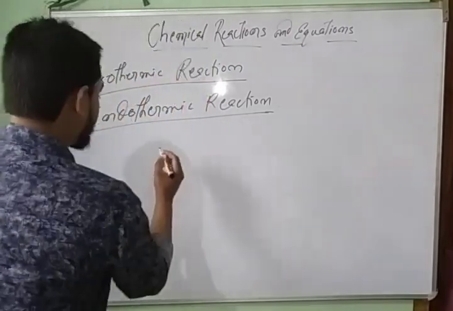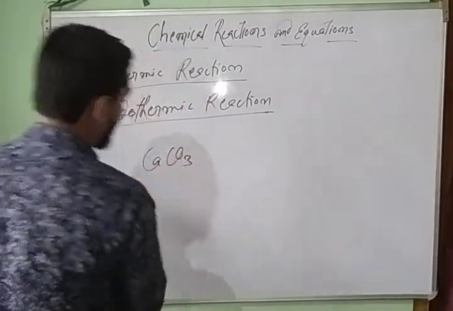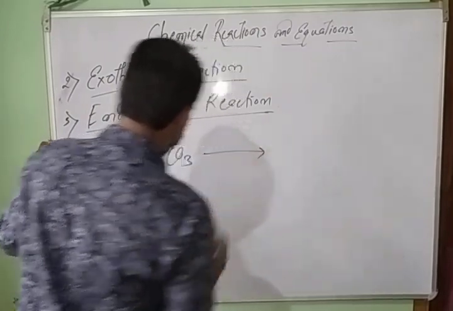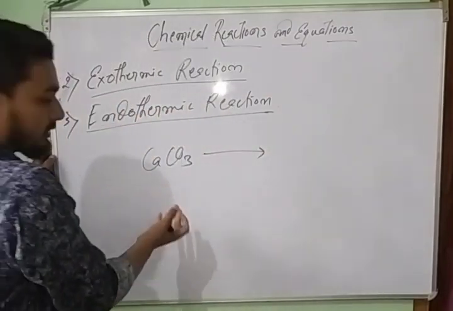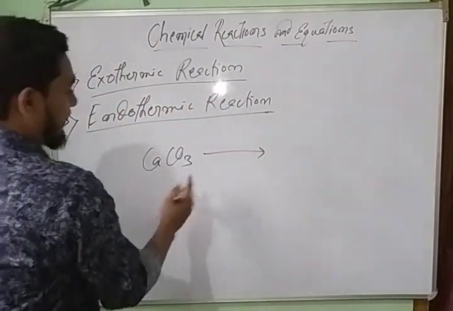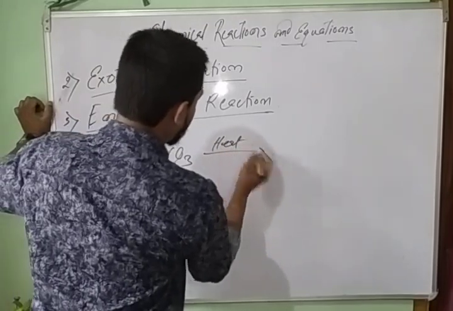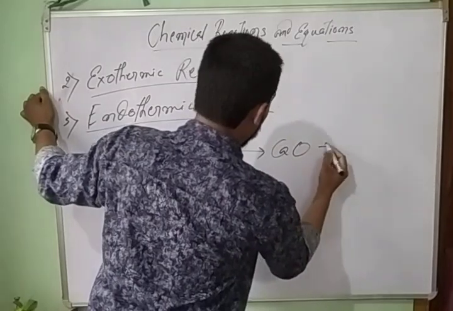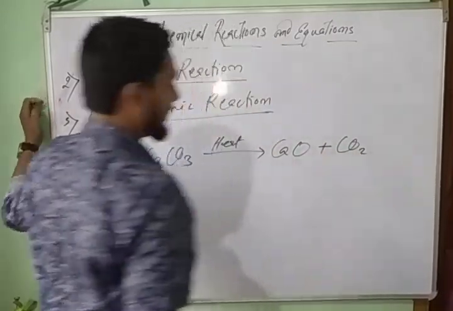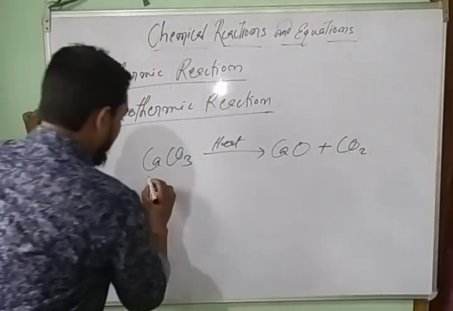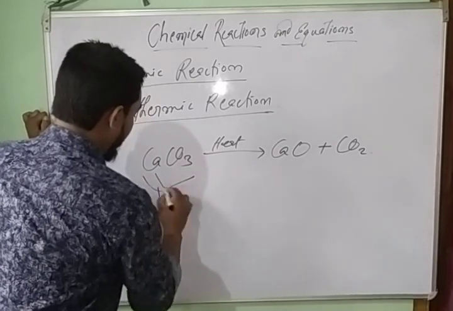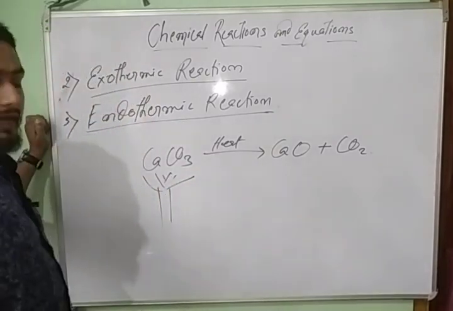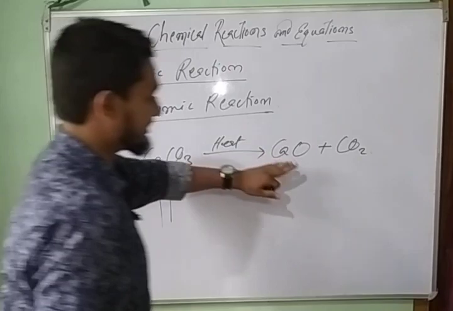For example, CaCO3, calcium carbonate. If we provide heat to calcium carbonate, it will break down to form calcium oxide and carbon dioxide. That means calcium carbonate absorbs heat to produce calcium oxide and carbon dioxide.